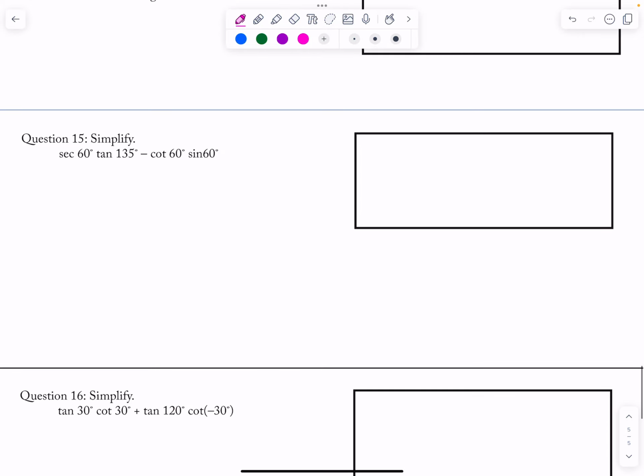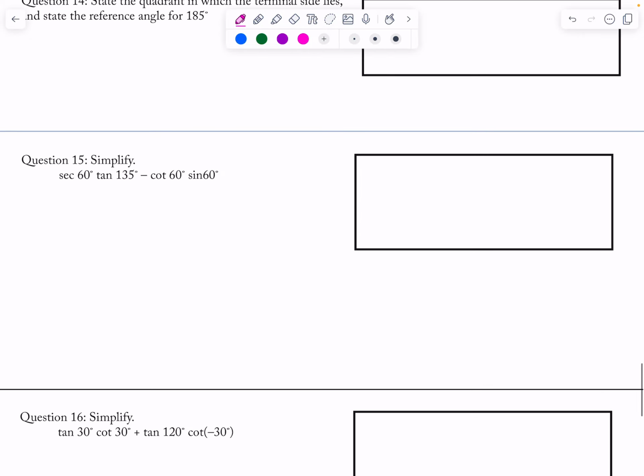Okay. 15, we're going to simplify some things. So 135 degrees is in quadrant 2, so that makes tangent negative. So then tangent is negative, and then 180 minus 135 is equal to 45. So I need a 30-60-90 triangle.